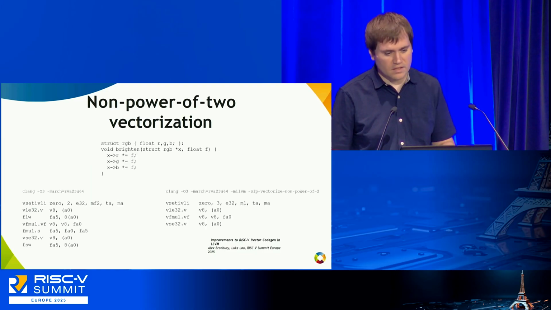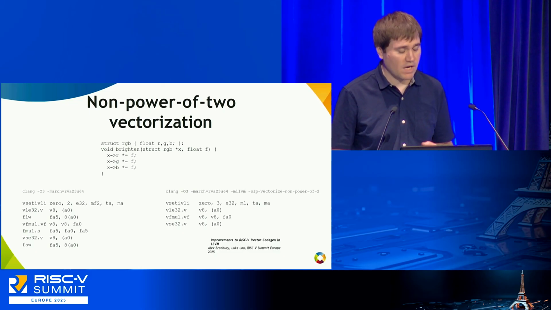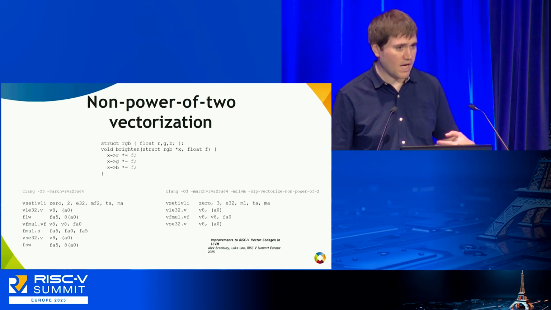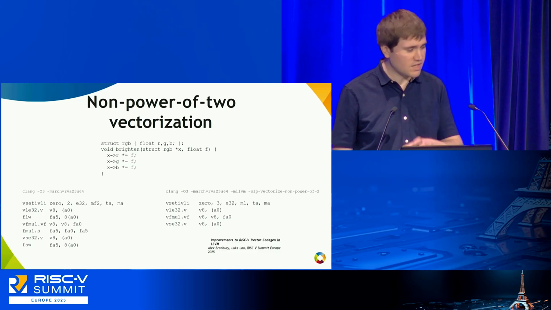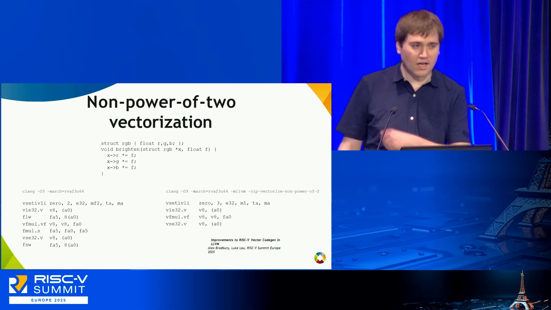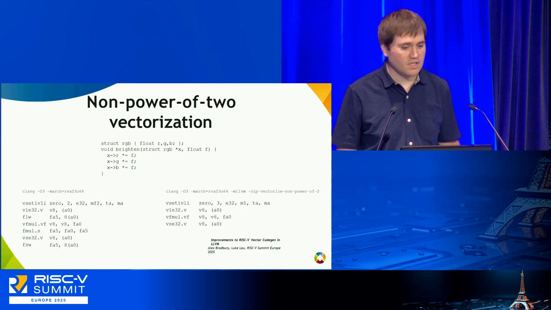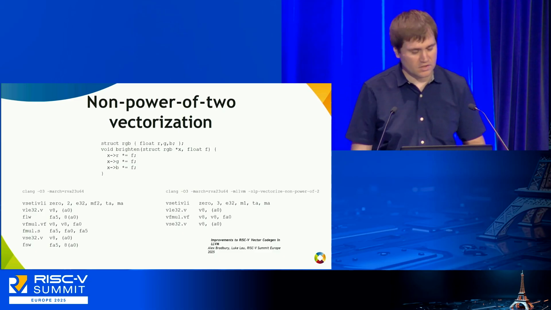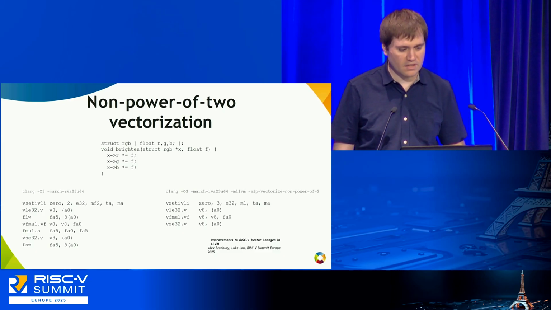So at this point I'm talking about what in LLVM is called superword-level parallelism. This is if you have fixed width vectors and you're looking to parallelize things within a single loop iteration. If you're looking to brighten every pixel of an image, this maybe isn't the ideal way of doing it, so it's a noddy code example to show a case where this kicks in.